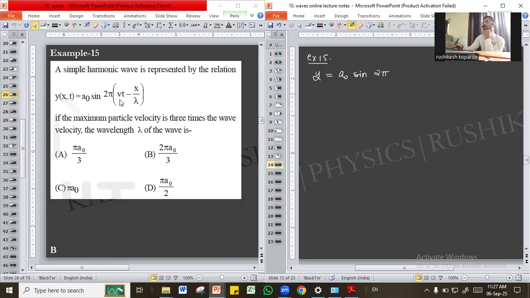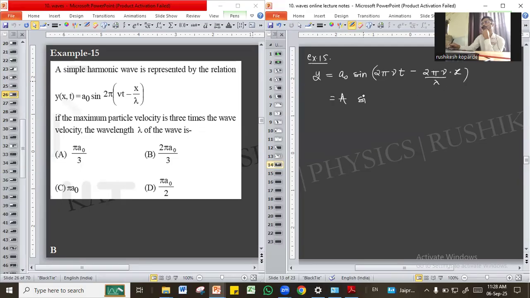For frequency, sometimes they use letter F, letter N, or letter nu. So 2 pi nu t minus 2 pi nu x by lambda. Or you can write 2 pi nu by lambda into x. Now you can compare this with the standard equation.